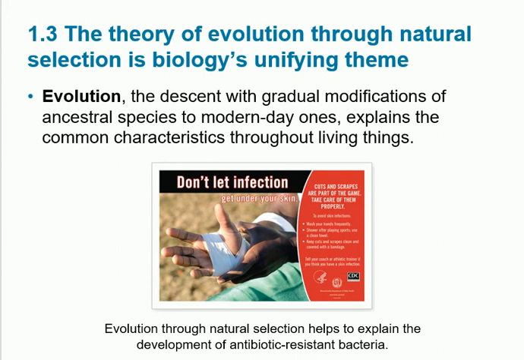What happened is that in a few of the bacteria that received the antibiotics, something happened to their genes in the chromosomes, and they somehow acquired the ability to resist the antibiotics.